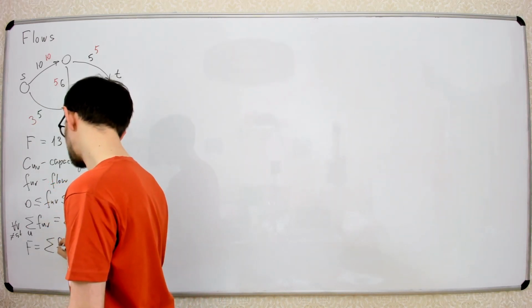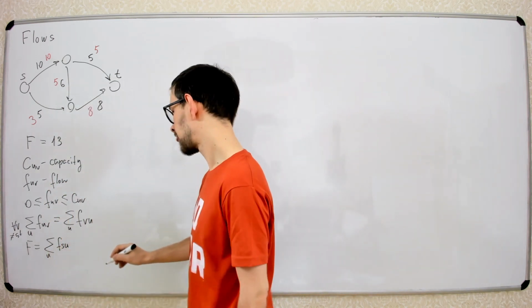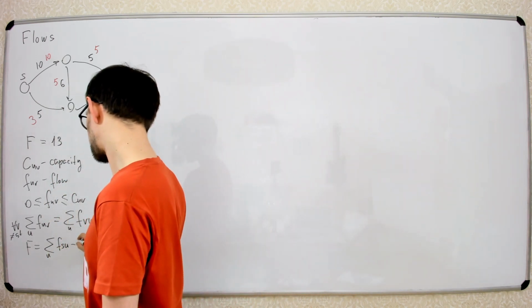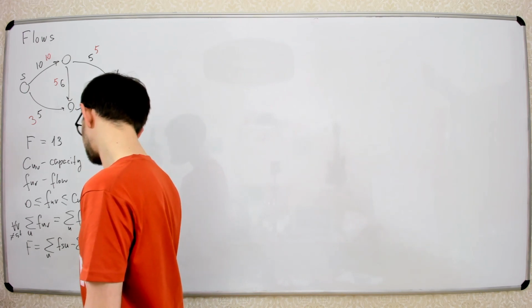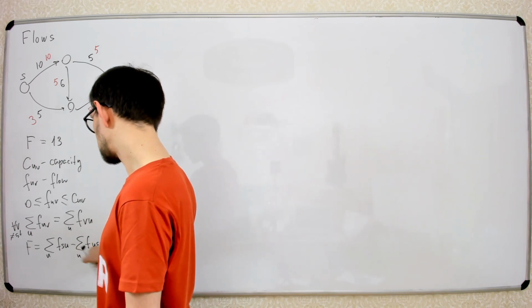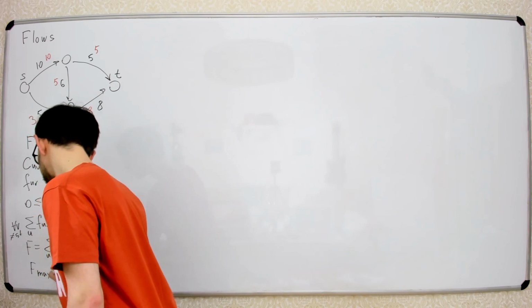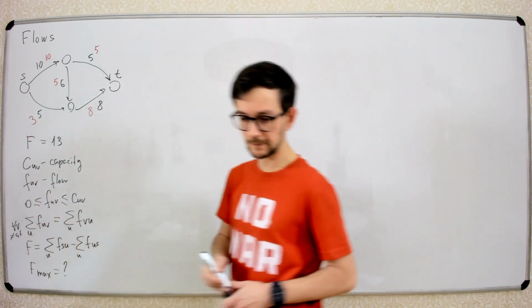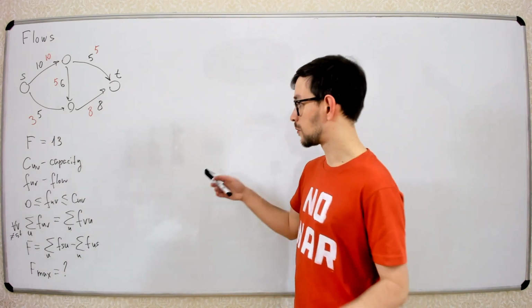We need to sum everything going out of the source node minus everything going to the source node. Like this. And the problem is to maximize the F. So that's the max flow problem.